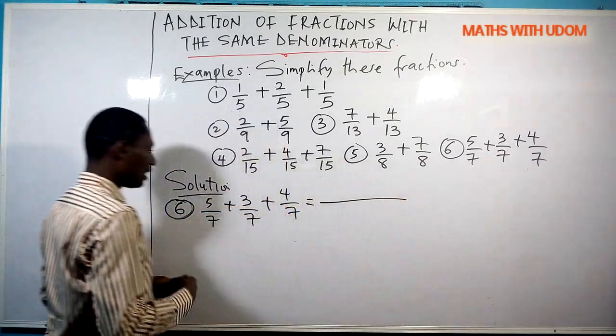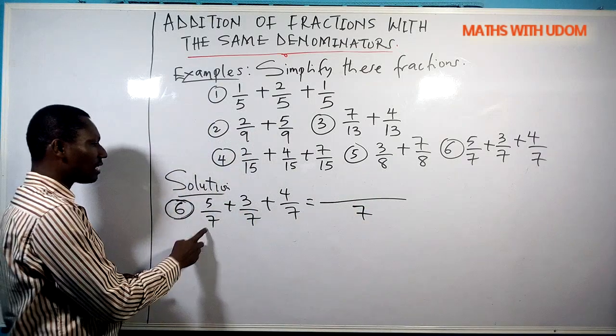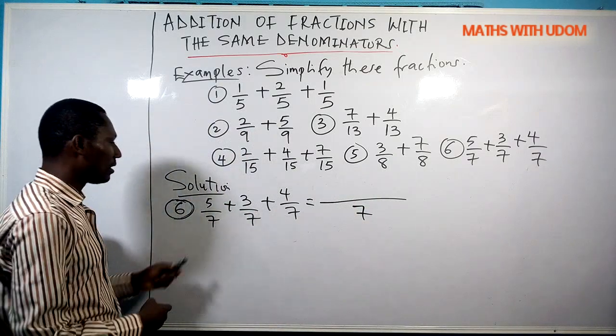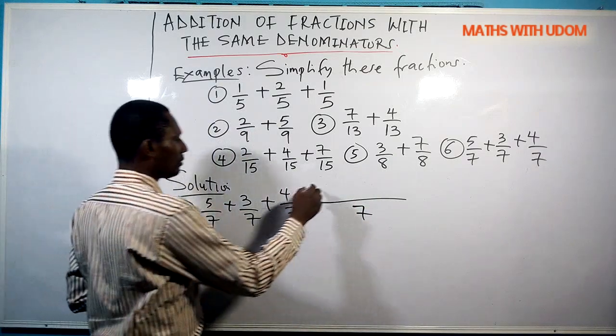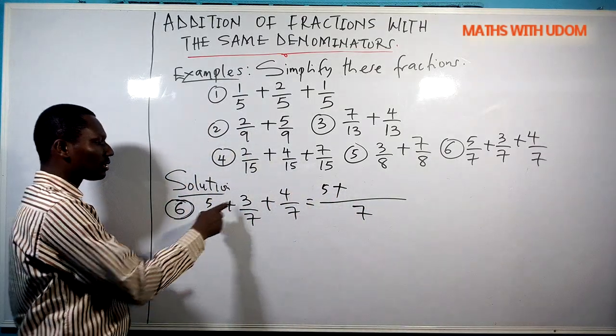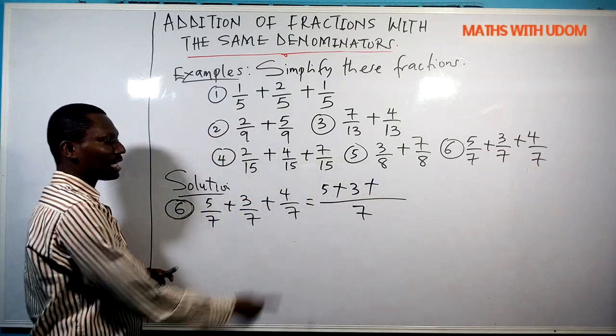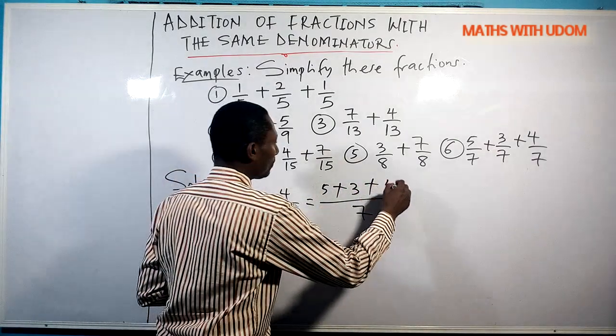So what is the LCM? 7, okay? Alright, so how many 7 is 7? 1. 1 times numerator 5, 5. Plus, how many 7 is 7? 1. 1 times numerator 3, 3. How many 7 is 7? 1. 1 times numerator 4, 4.